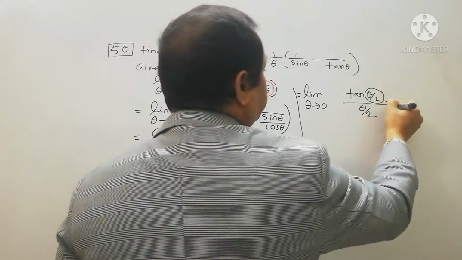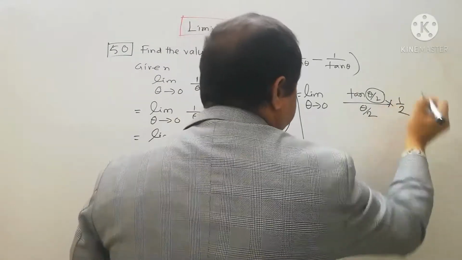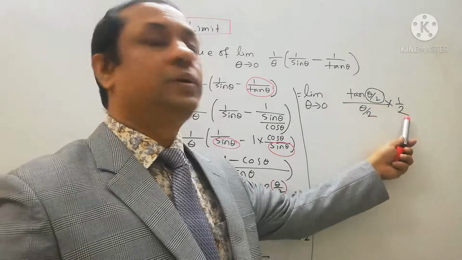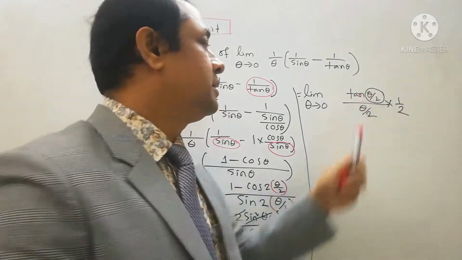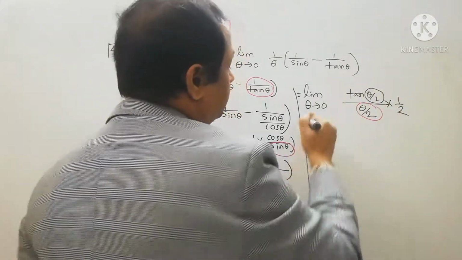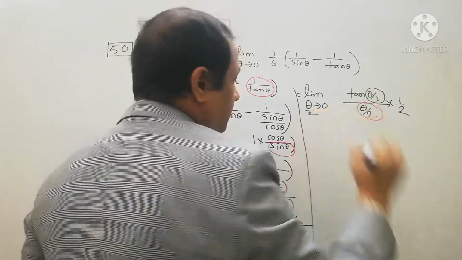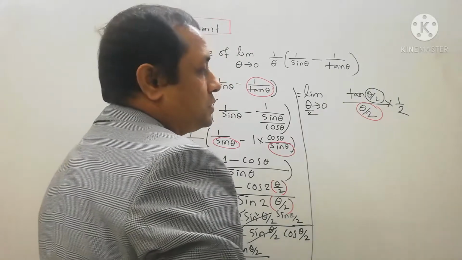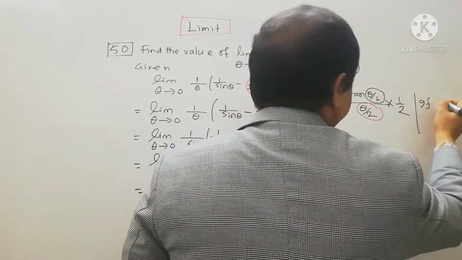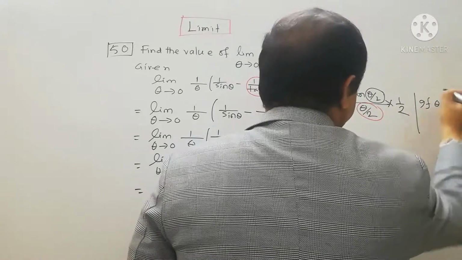Now here, simplify: it is half, the balance is half. 2 cancels. So student, here tan theta by 2 and theta by 2. And here if theta tends to 0, then theta by 2 also tends to 0.